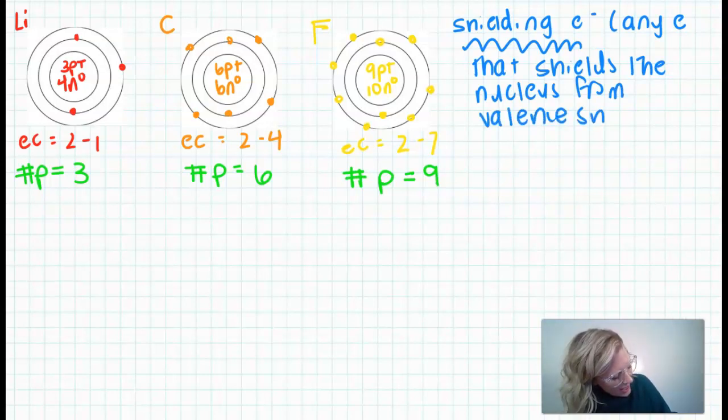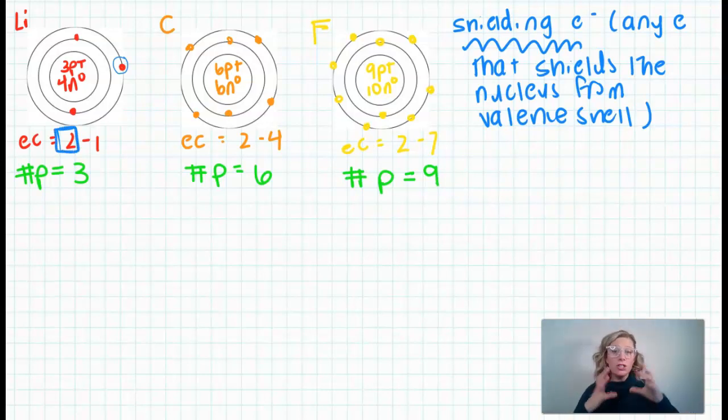When we're talking about shielding, we're talking about literally any electron that is not a valence electron. In this case, we have our 1 valence electron, so our shielding electrons are any of those electrons essentially shielding the nucleus from that outer electron.